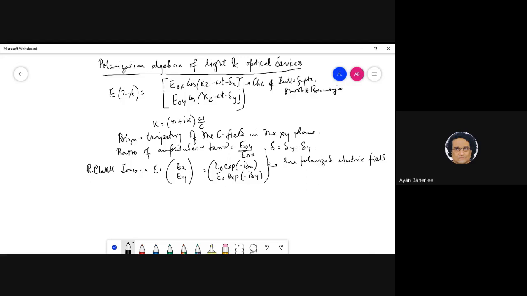Essentially what this is telling you is how the resultant E vector, given by this one and that one, behaves.